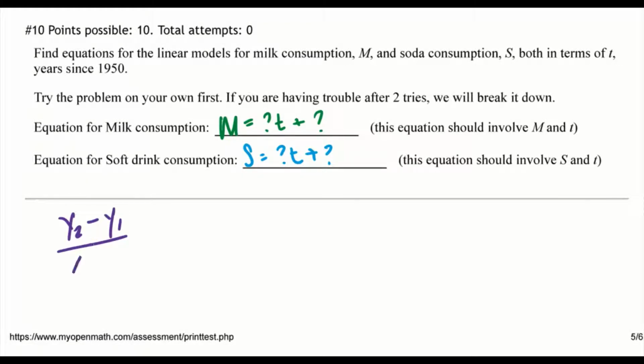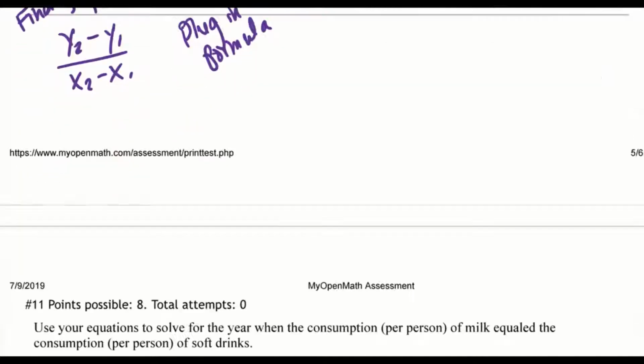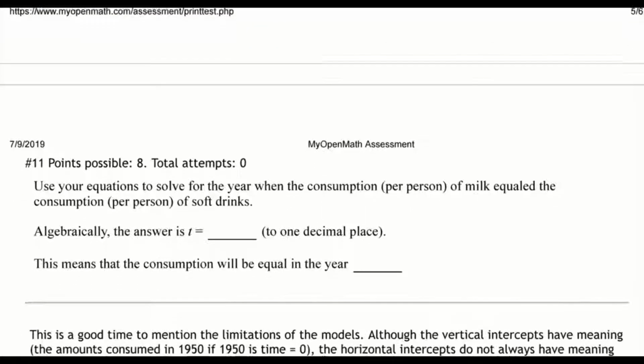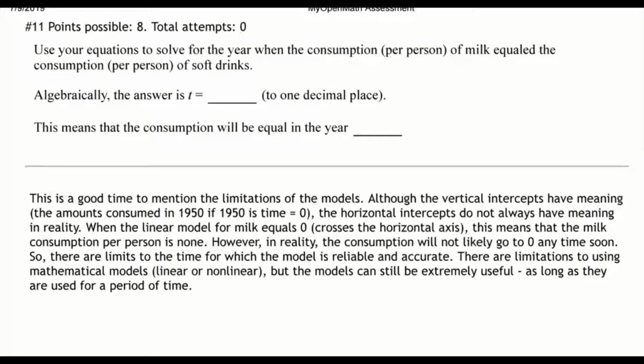To find the slope, y2 minus y1 over x2 minus x1, and we're going to use two separate equations to find the two separate slopes, one for milk, one for soft drinks. And then after you find the two equations, you'll set them equal to each other.